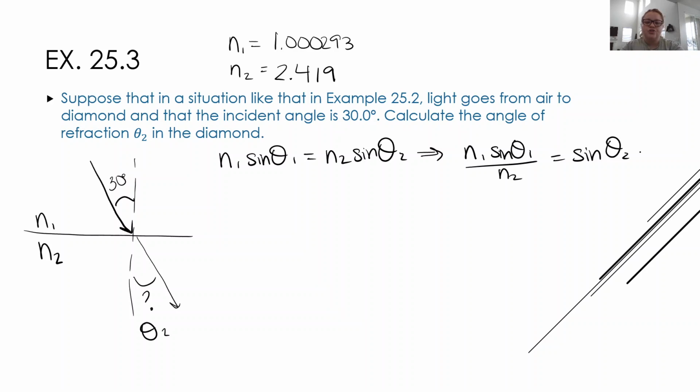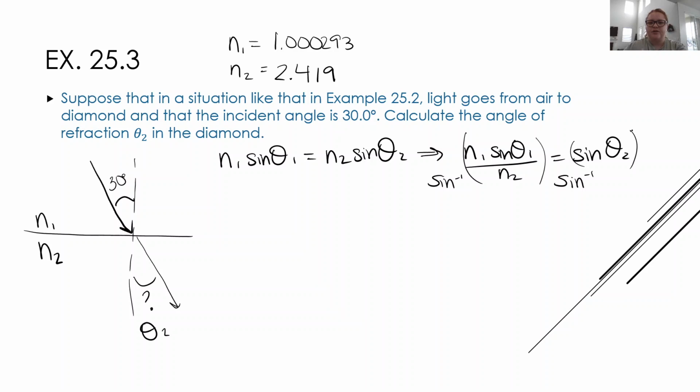Now what we'll need to do is take the sine inverse of both sides here. So I will need to do, I'm just going to write it here, sine inverse of that and sine inverse of that.